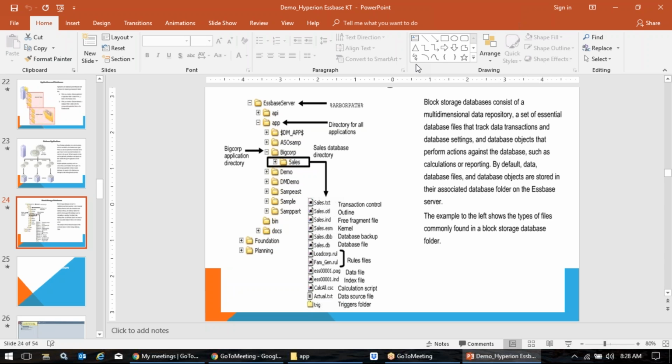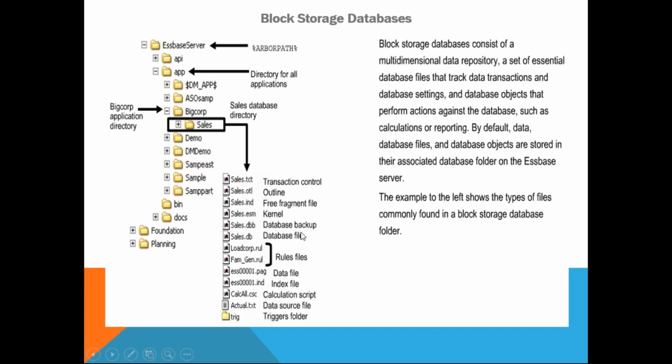Under that, let's say there is a big COP as an application. Under that, you will have the database. See the files, db, dbb. I think it's very minute for you. Let me expand it. See this file, db.